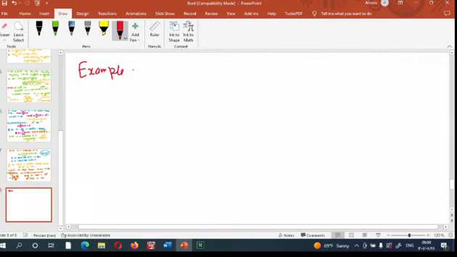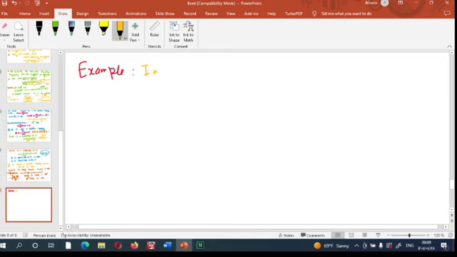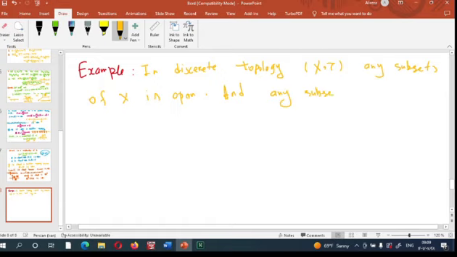Example. In discrete topology, on X, any subset of X is open and any subset of X is closed.